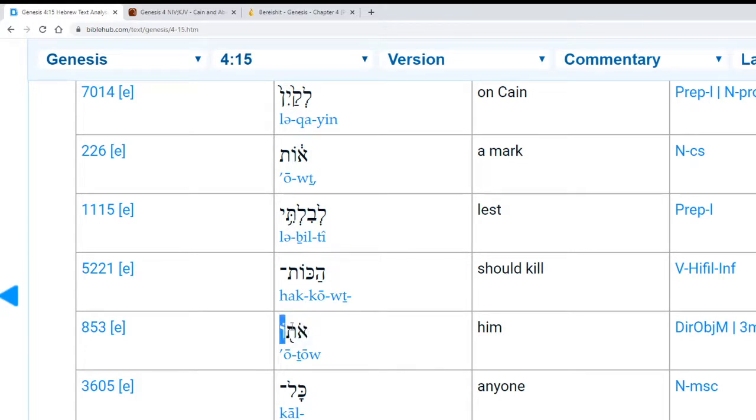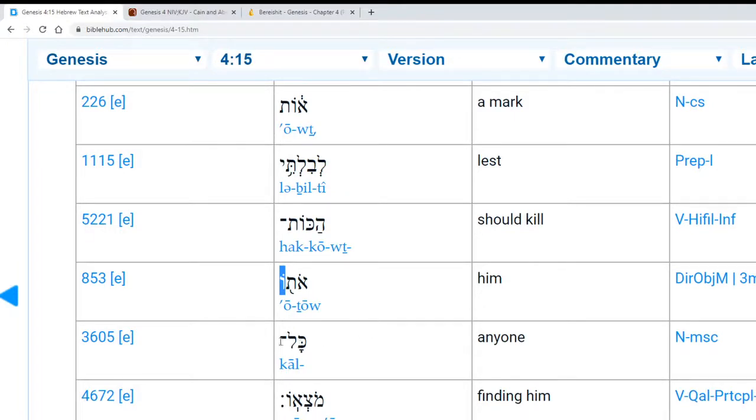To him, third person masculine singular, kol, all of, motzo, right? So same way he said before, who shall find me, motzo is someone who finds him. If that mem is actually part of the root, which I believe it is.